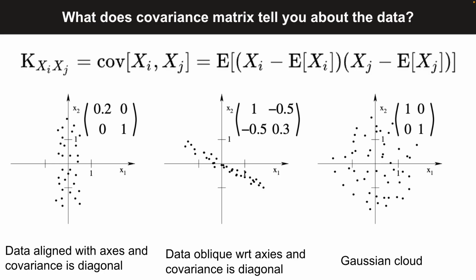There is a concept of covariance, which is essentially a measure of information, right? It's a very good thing to have overall. It's a measure of how much one thing informs you about the other. The covariance is nothing but the formula of variance, but applied to two different random variables, right? So variance is E of (xi minus mu) whole square. This is E of (xi minus mean of xi) multiplied by (xj minus E of xj), right?